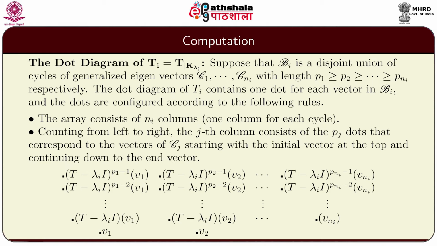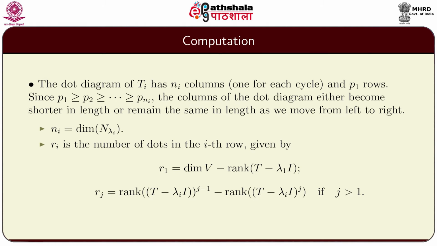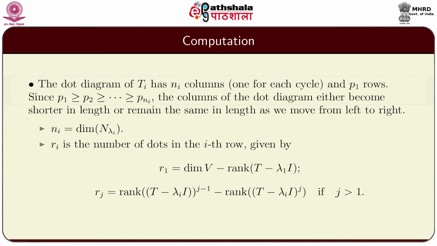In the n_ith column there will be p_ni rows. The dot diagram of T_i has n_i columns, one for each cycle, and p_1 rows, since p_1 is greater than or equal to p_2, greater than or equal to and so on, greater than or equal to p_ni. The columns of the dot diagram either become shorter in length or remain the same in length as we move from left to right. So, these are the rules, and then n_i is equal to the dimension of N(T minus λ_i I).